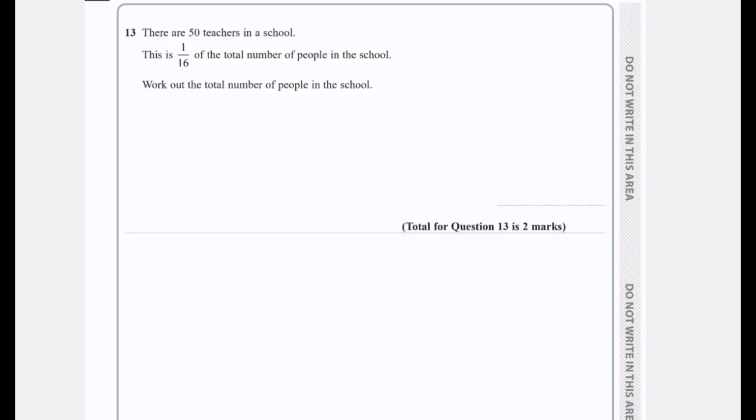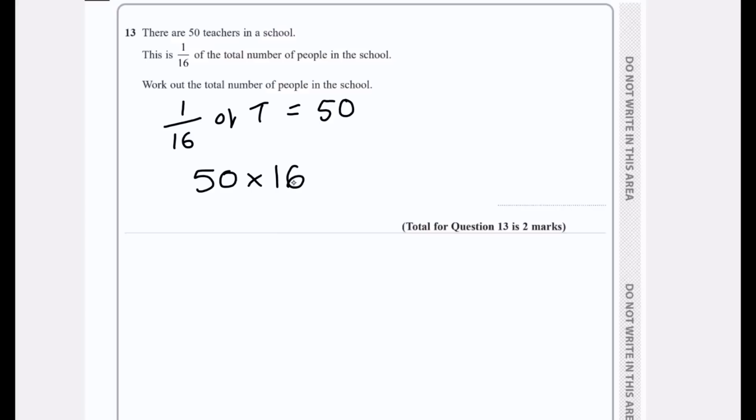Question 13. There are 50 teachers in a school. This is 1/16 of the total number. Work out the total number of people in the school. So 1/16 of the total is 50. So to find the whole number, we need to times it by 16. So 50 times 16.